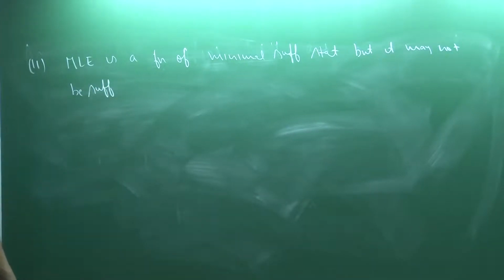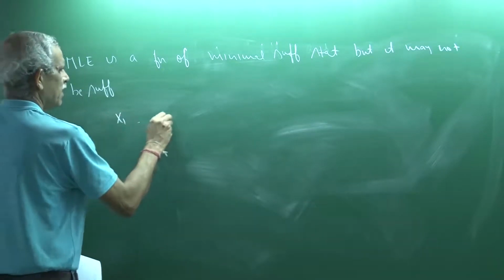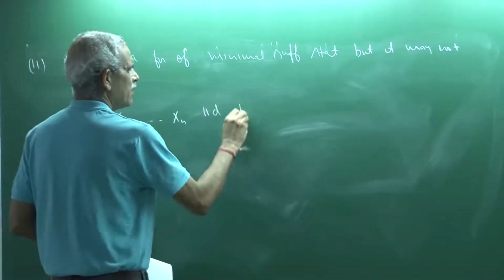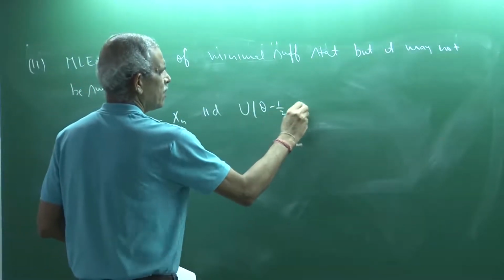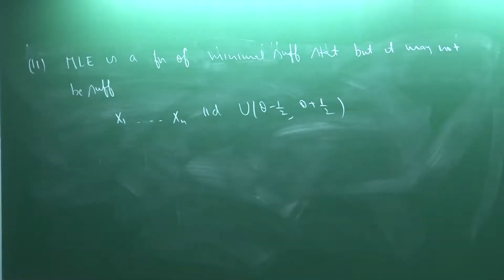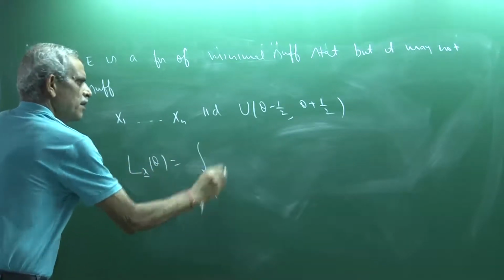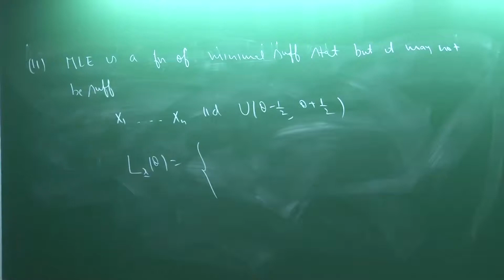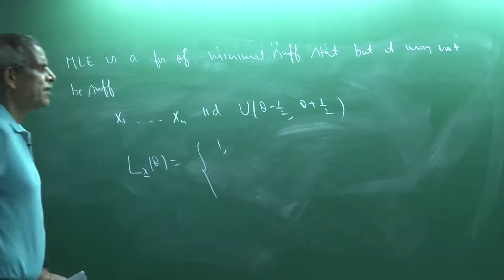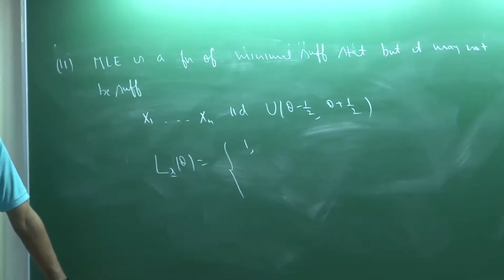Why? For example, you can look at various examples. Lx(theta), so x1, x2, ..., xn IID uniform(theta minus half, theta plus half). Now, in this case, you know what your likelihood function is? 1 upon b minus a, so that is theta plus half minus theta, so it is 1, if each xi is between theta minus half and theta plus half.